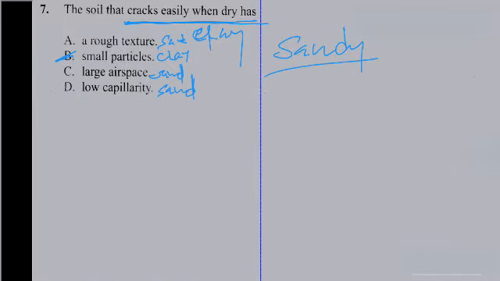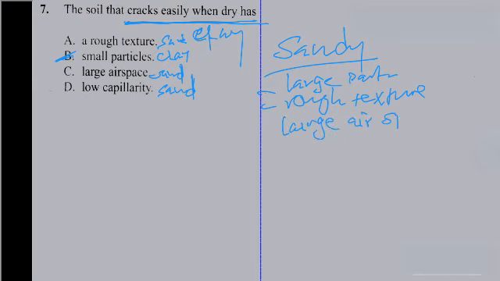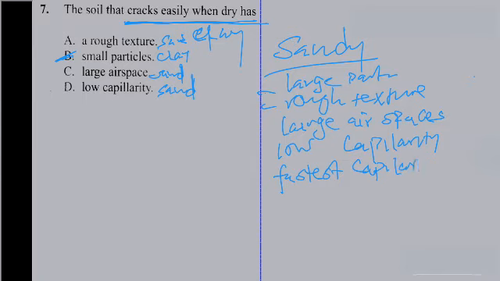Of course, sandy soil now, it's very simple. The particles are large, rough texture, large air spaces, low capillarity but fastest capillarity, well drained or porous.